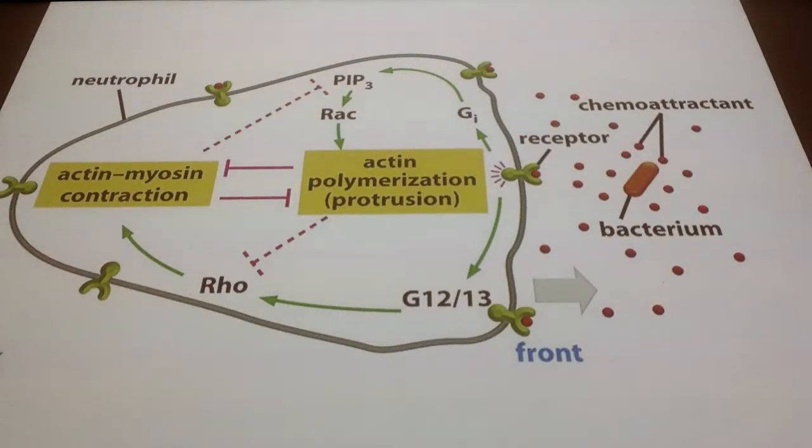Chemoattractant can be, let's say, a certain toxin or certain molecules that's secreted by the bacterium, and this cell could be an immune cell that is drawn to the chemoattractant so that it can attack the bacterium. So there's some kind of signal there that attracts the cell toward it. Okay? The chemoattractant then can make its way to the surface receptor, which then can activate either RAC here or RHO here.